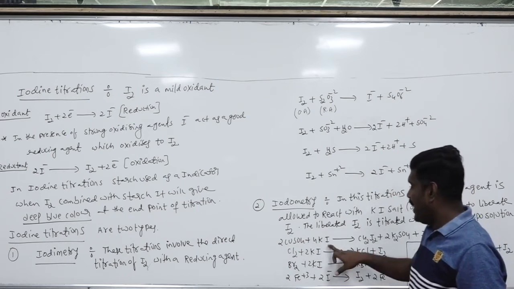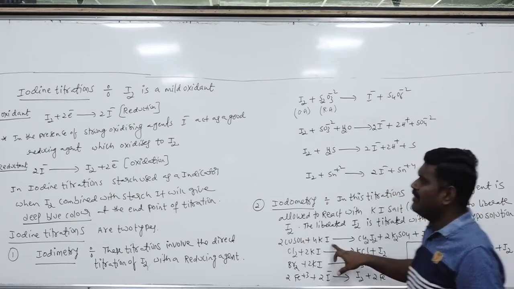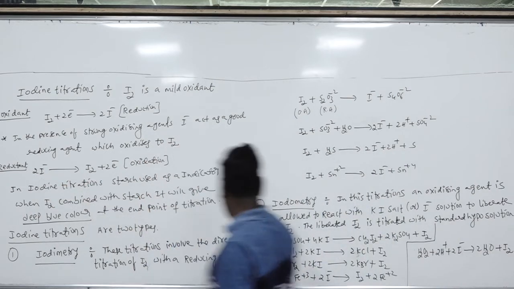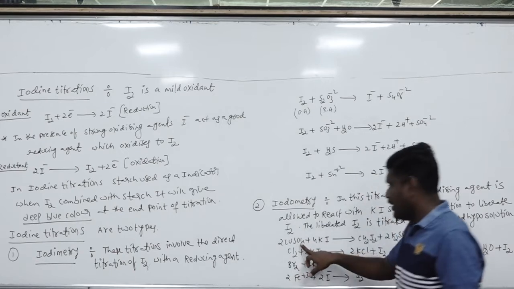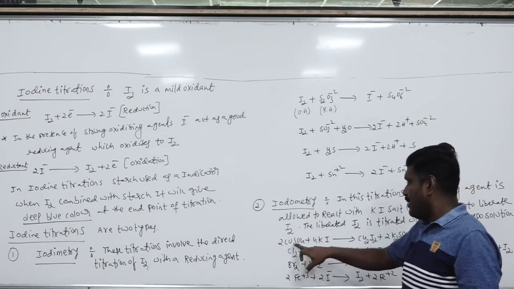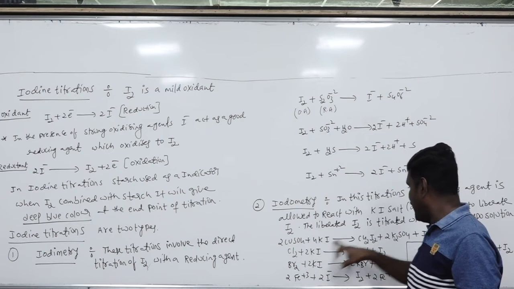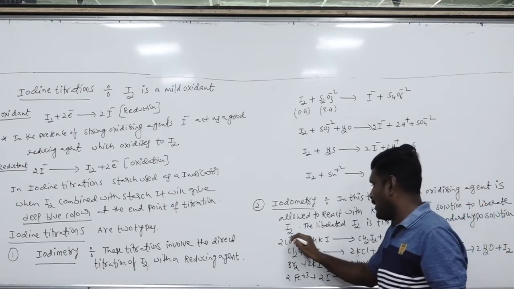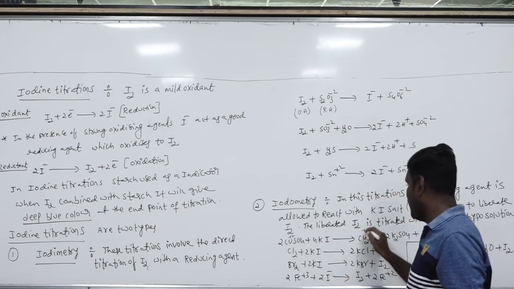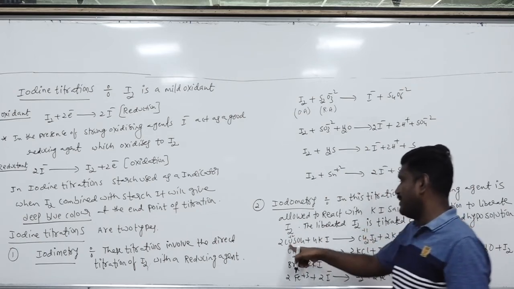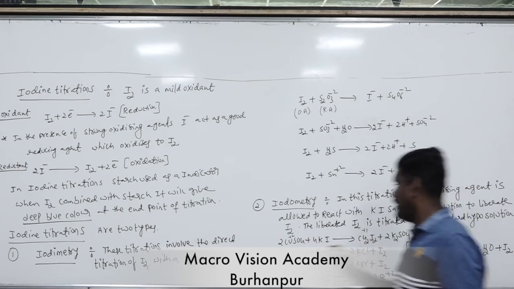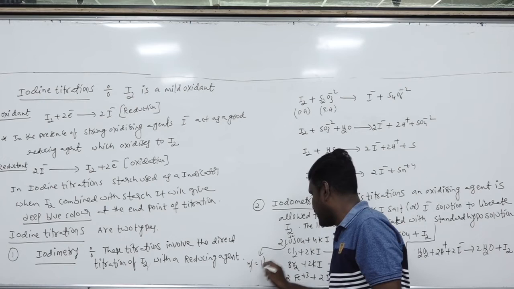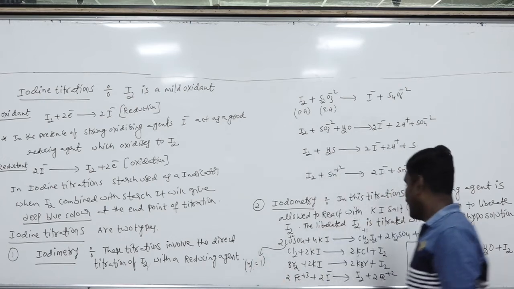Now we know iodide ion is a good reducing agent which can easily undergo oxidation in the presence of a strong oxidizing agent. Cupric sulfate oxidizes the potassium iodide into iodine and is itself reduced to cuprous. Copper +2 here, copper +1. Do you know what is the N factor of Cu2+ here? Change in oxidation state is 1. So the important one is the N factor for cupric sulfate is 1. This is very important.